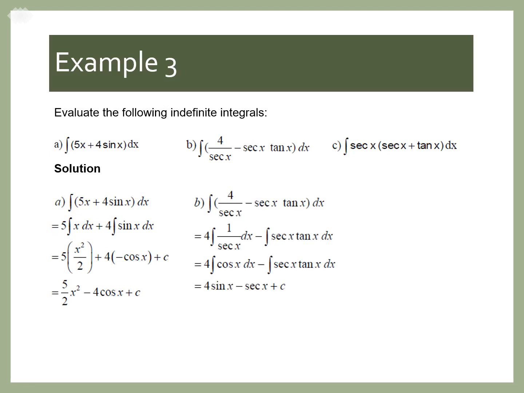For b, 1 over secant x can be written as cos x. Thus, integrate 4 cos x, the answer is 4 sin x. Integrate negative secant x tangent x, the answer is negative secant x, then plus c.